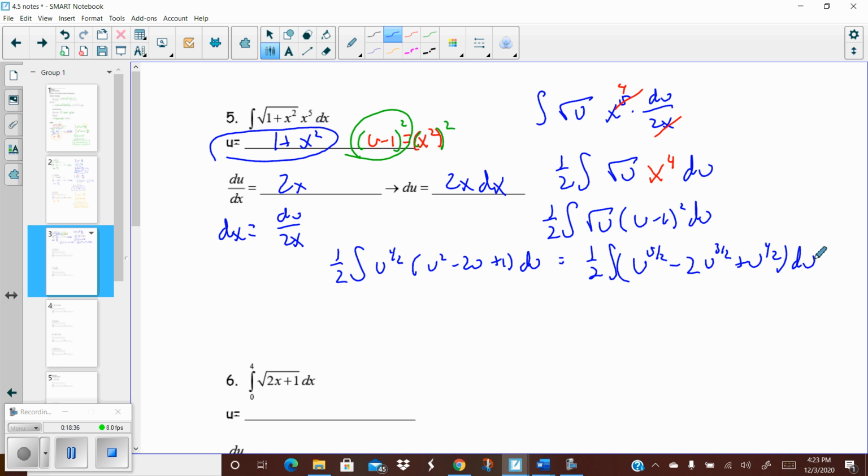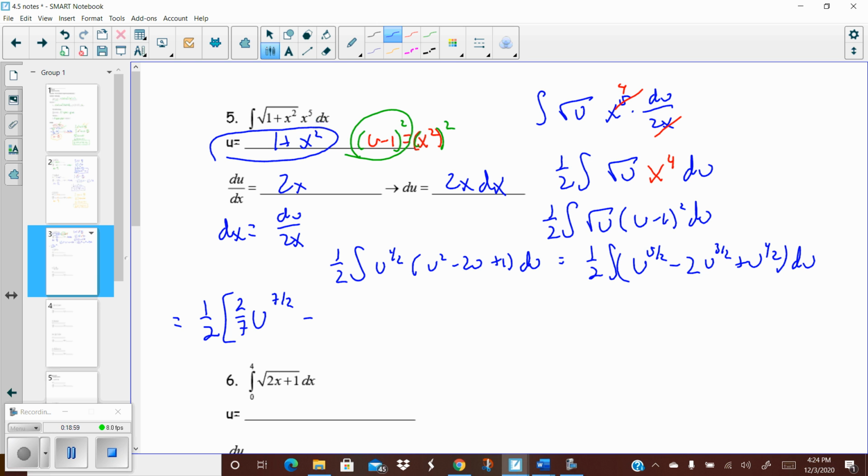Now, even though everything has a fractional exponent, I can take antiderivatives. So 1/2. Now the integral of u to the 5/2 will be u to the 7/2. Dividing by 7/2 is multiplying by 2/7. Okay, let's repeat that process.